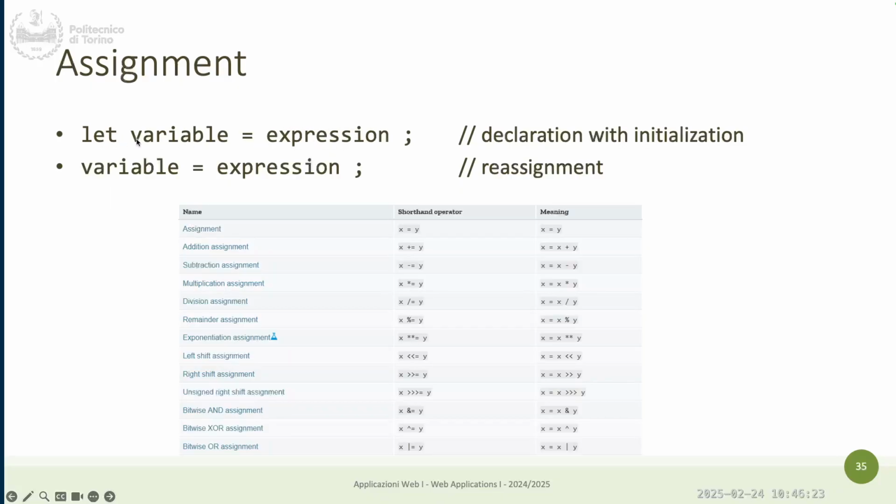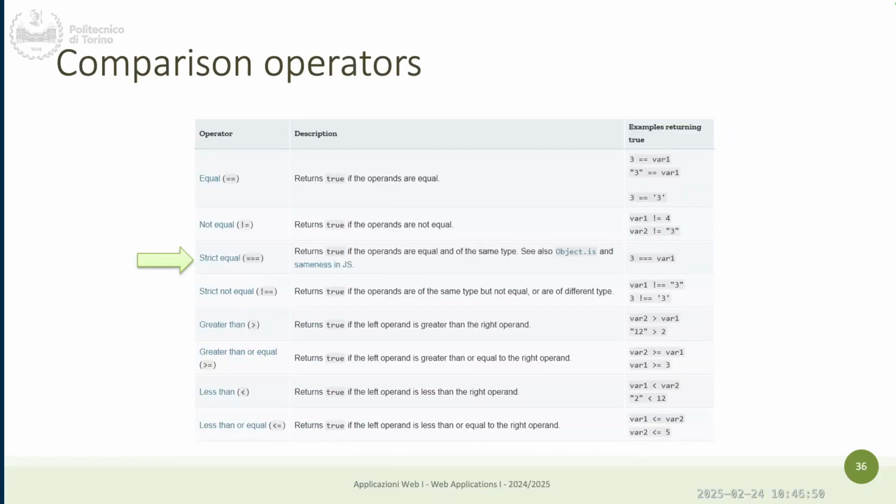So it's an assignment with a declaration with initialization, or a normal reassignment of a variable as long as it's not declared as const. And we have all the short forms of assignments like plus equal: x plus equal y means x equal to x plus y, for all the basic operators. So when I was saying the syntax is similar to C, this is what I meant.